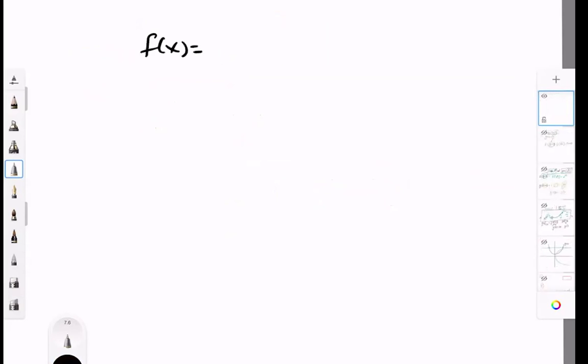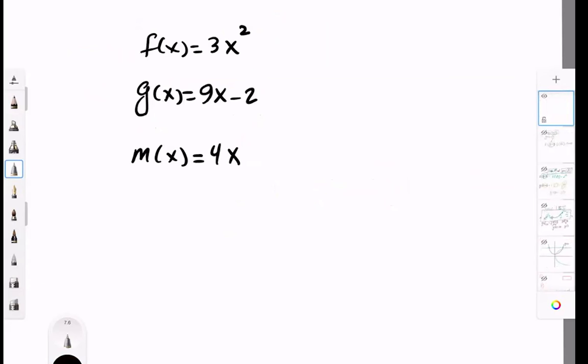F of x equal to 3x squared, g of x equal to 9x minus 2, and r of x equal to a radical 3x. So we have four functions, like we have a city here.